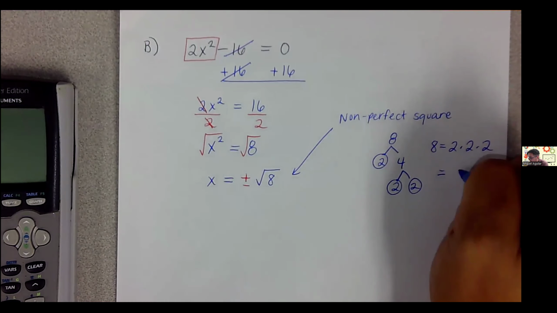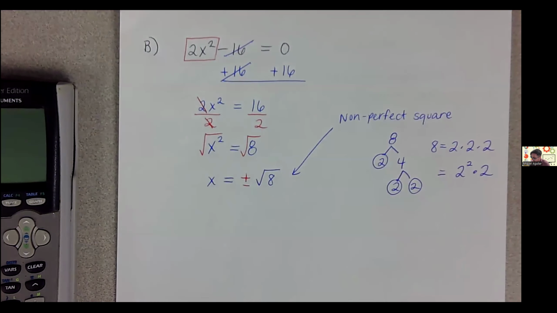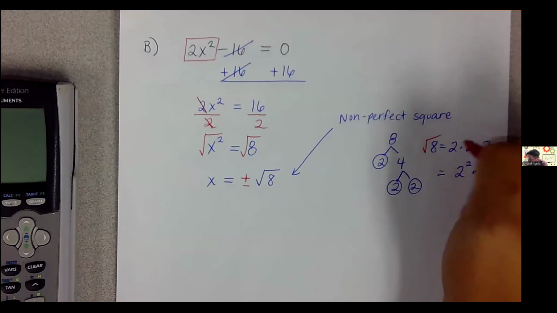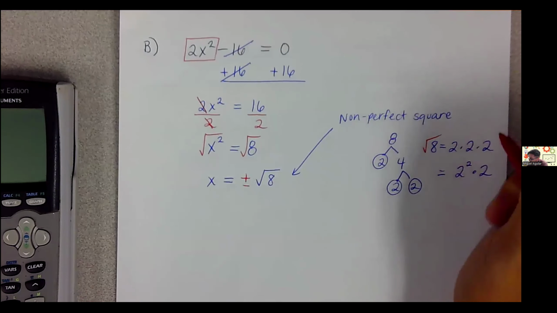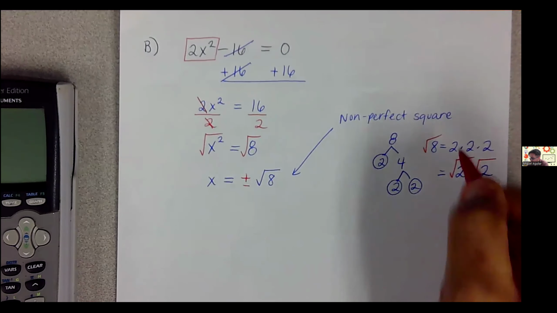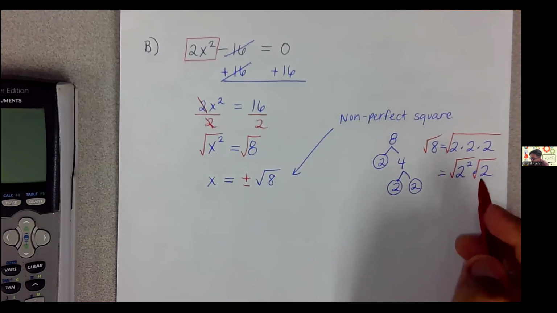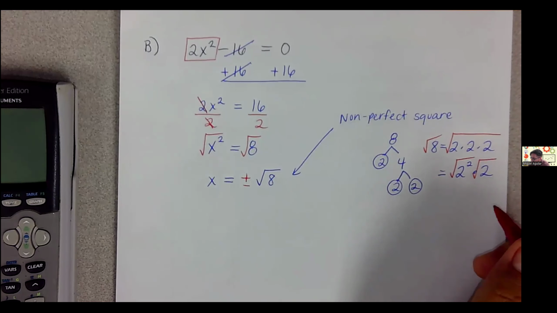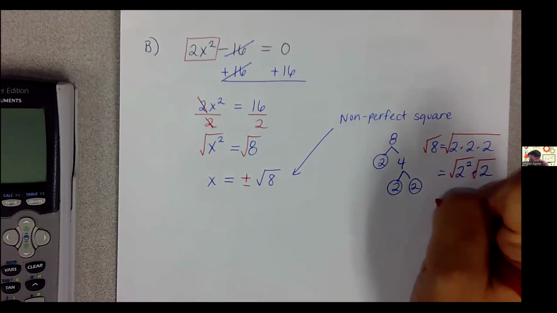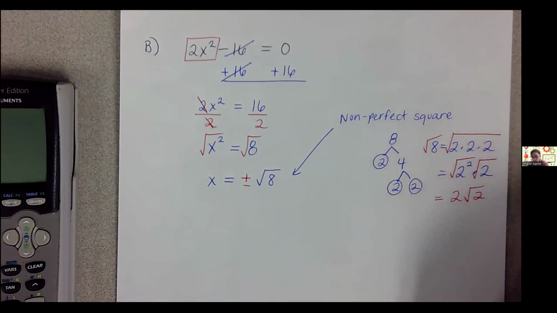So we can rewrite this as 2 squared times 2. Then if we're trying to take the square root of 8, we are trying to take the square root of each of these factors individually. To be proper, maybe I'll throw an extra square root symbol there. In any case, we should end up with 2 times the square root of 2.